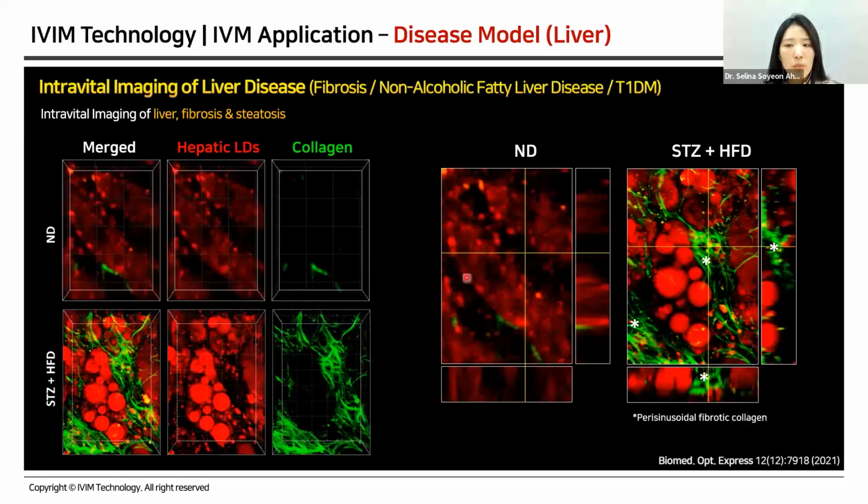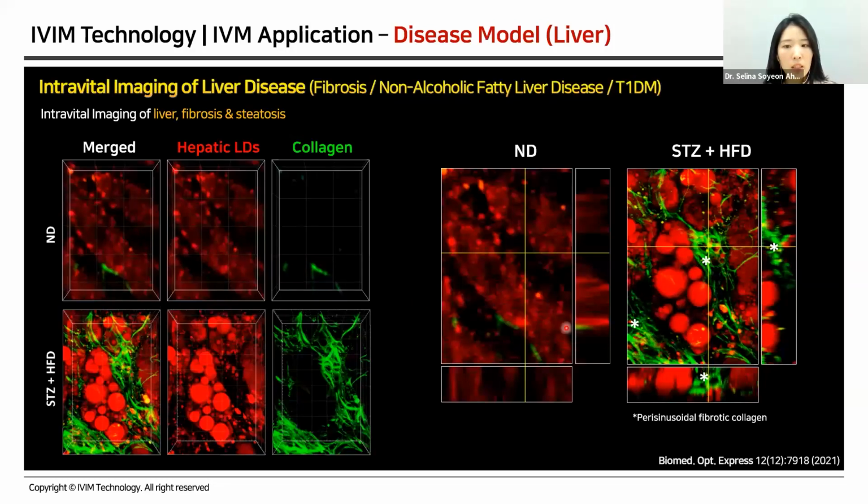Compared to the sham control model, hepatic lipid droplets and also perisinusoidal collagen were significantly observed around the hepatocytes in the liver of the steatosis animal model.